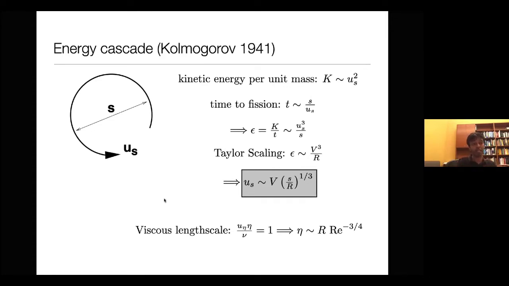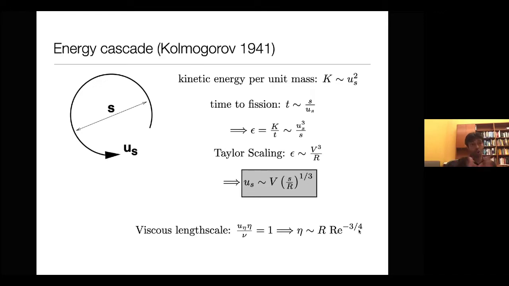And we can infer that by arguing that the local Reynolds number based on this viscous length scale, or the Kolmogorov scale, which I'll denote by eta, should be of order 1, since after all Reynolds number is a ratio of inertia to viscosity, and this is where viscous effects and inertial effects balance. And if I substitute this expression in here, we immediately come to the point that this smallest length scale in the energy cascade goes as Reynolds number to the power minus 3 over 4.